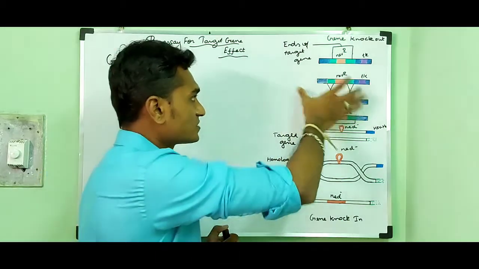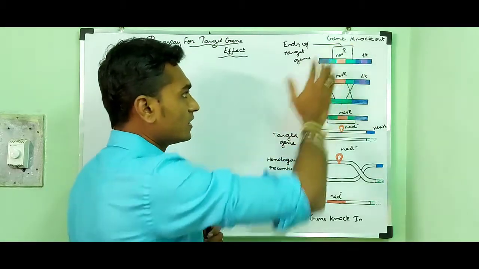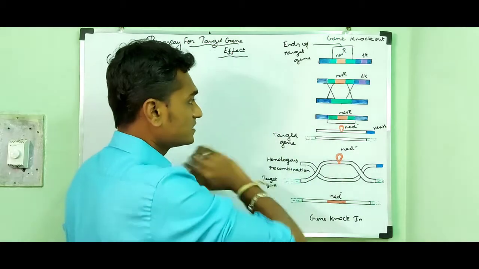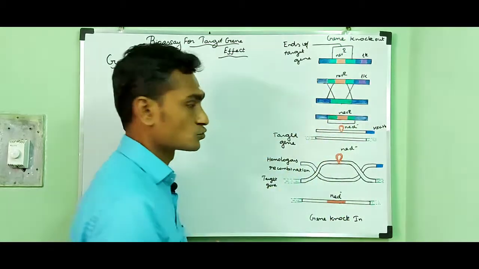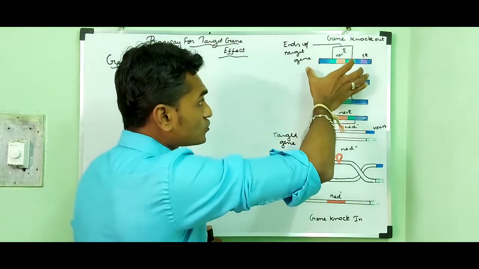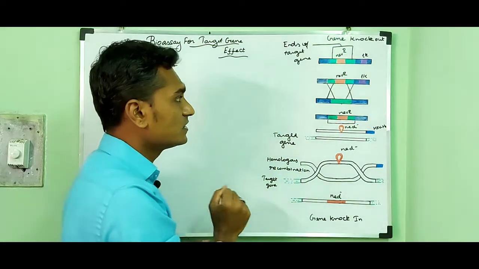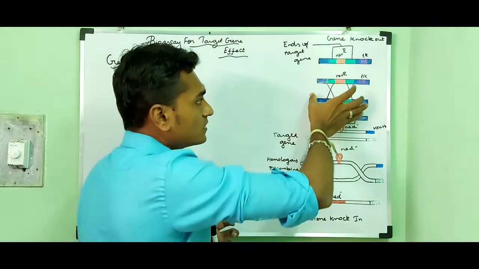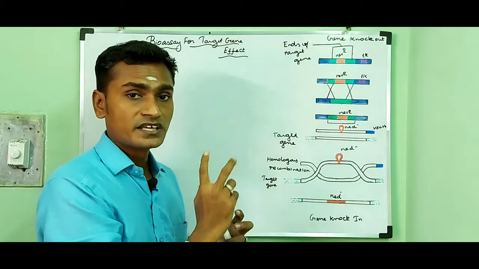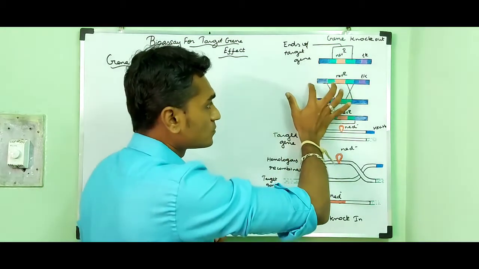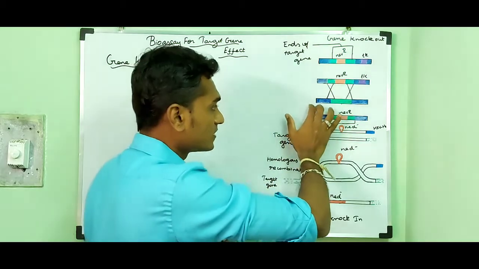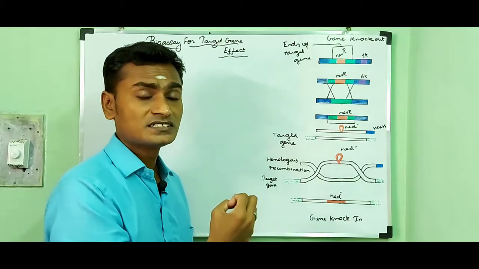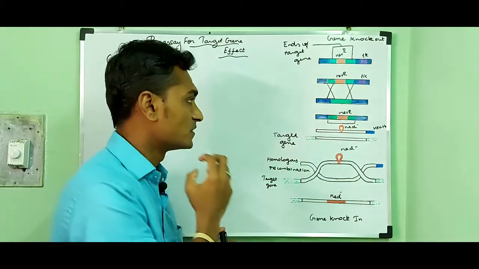So this picture shows the process of gene knockout. This is a chromosome which carries the target gene, and this is the normal chromosome. This chromosome which carries the target gene enters into the genome of an organism. Then homologous recombination takes place between this chromosome which carries the target gene and the normal chromosome. After that, crossing over results in the exchange of genetic material.